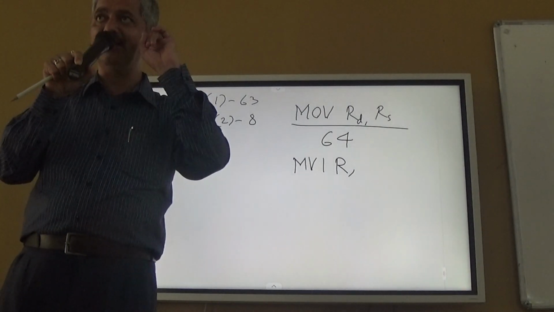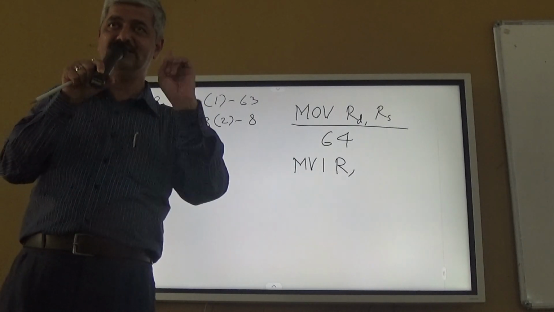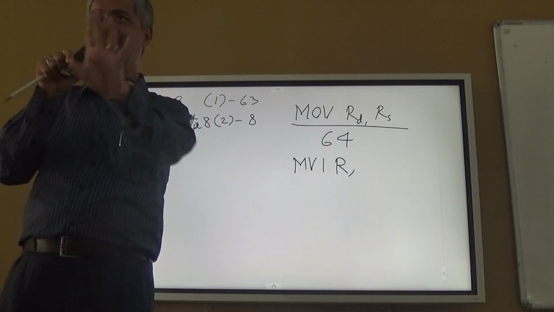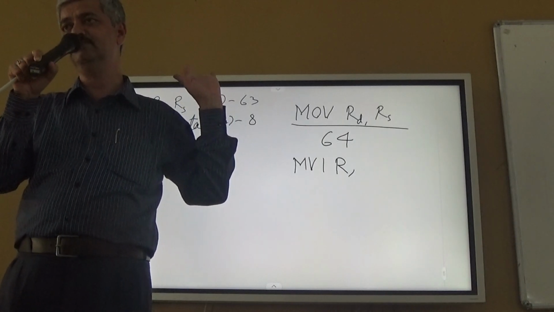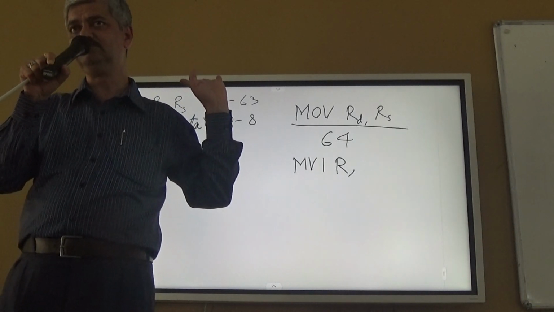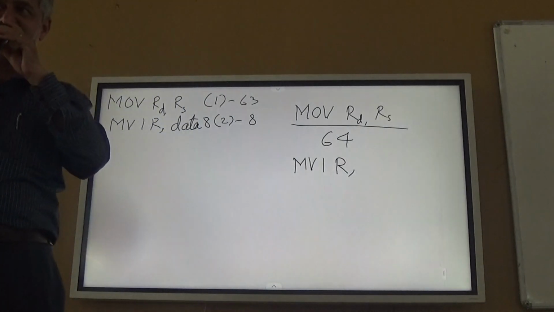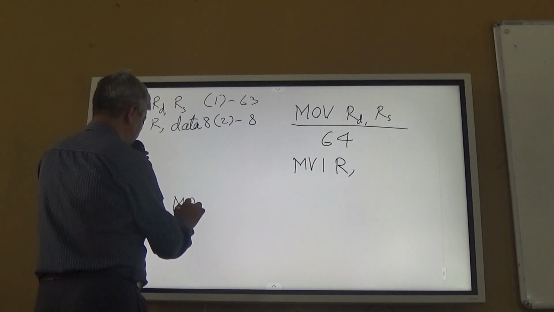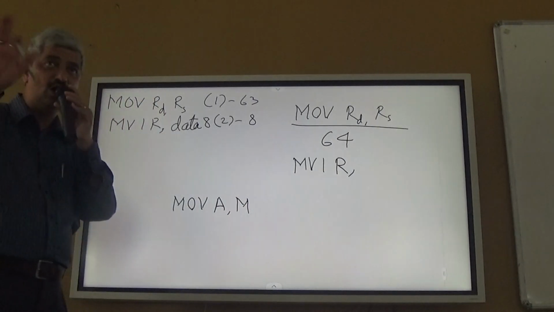So if H contains 50, L contains 00, then the MOV A, M instruction will do the required task. So what sequence of instructions will we write? The instruction which does the task is MOV A, M, but not always.